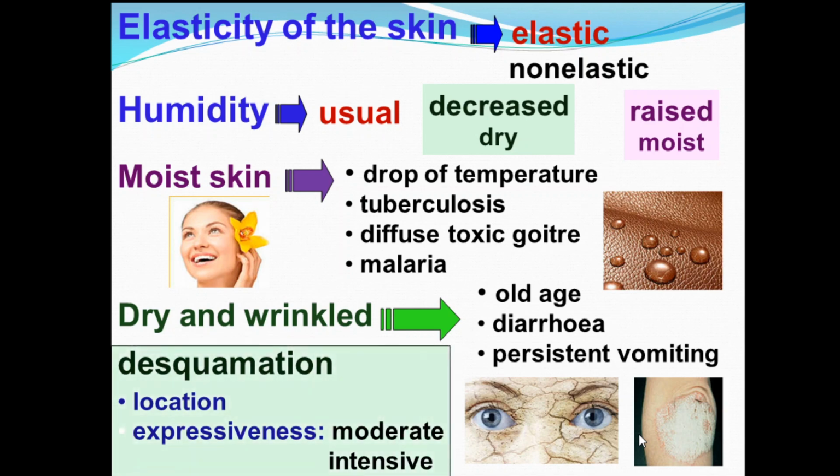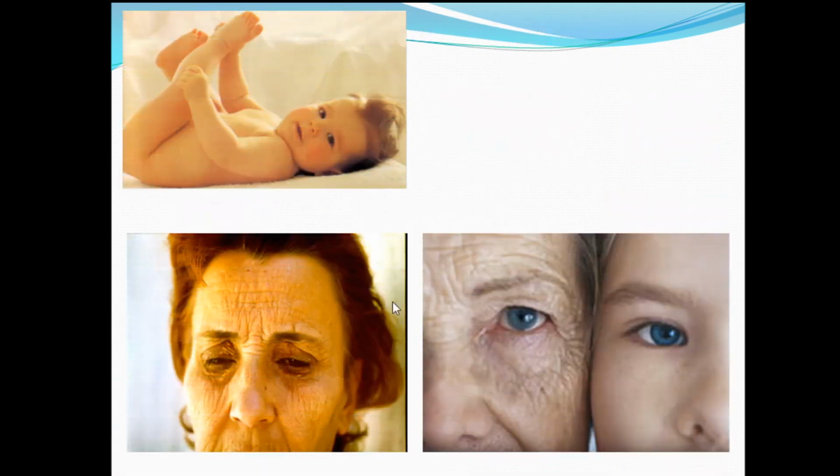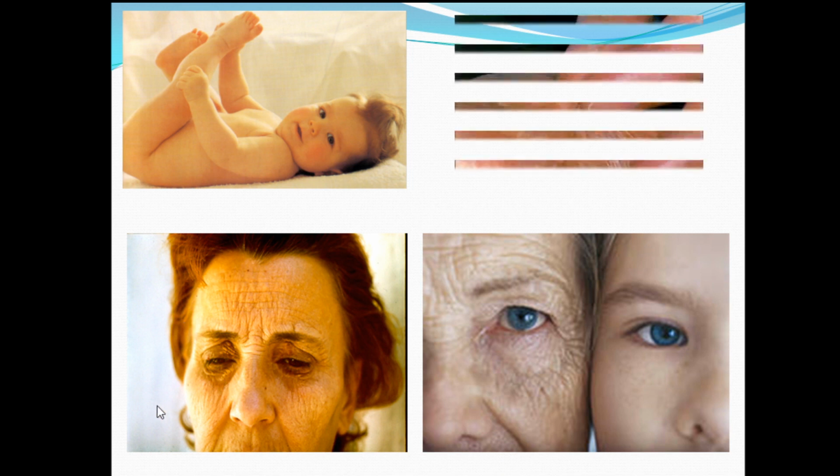And again, I'll draw your attention. If you reveal any local pathology, you will obligatorily show its location and express it as moderate, intensive, slight, and other characteristics. You see normal elastic skin in newborns, in younger people, and physiologically decreased elasticity and humidity.